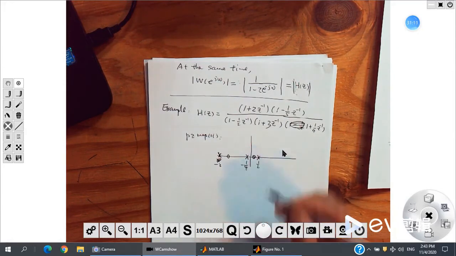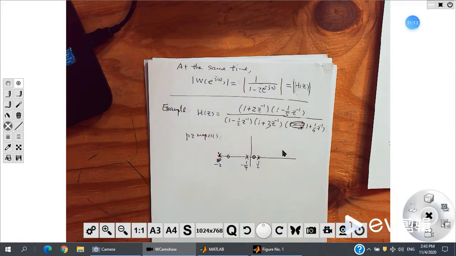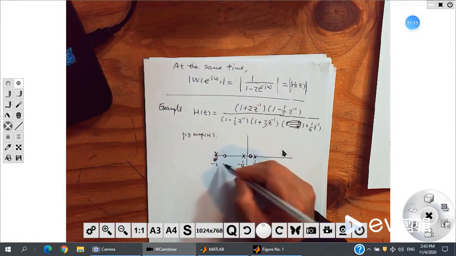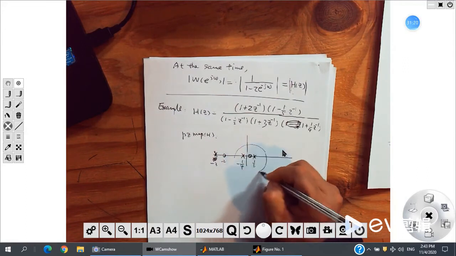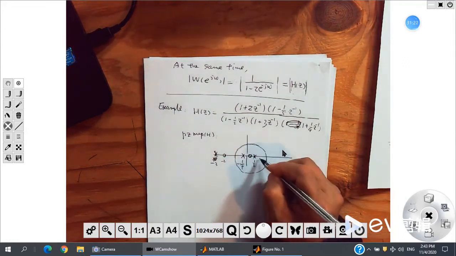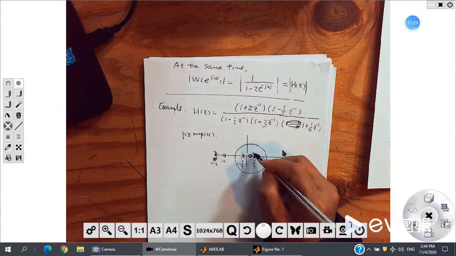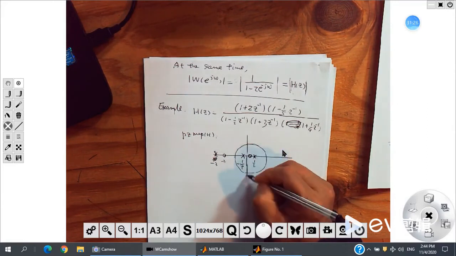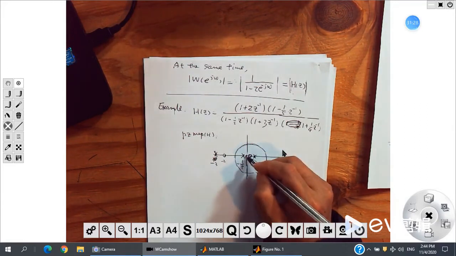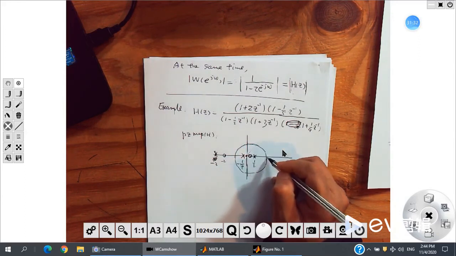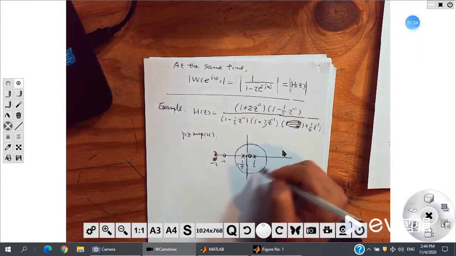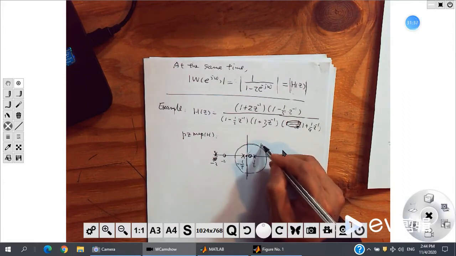Okay, so the PZ map looks like this. And here's negative 2. The unit circle will be a circle that looks like this, centered at the origin. It's not so good, but you know what I'm drawing, right? Suppose this is a unit circle.